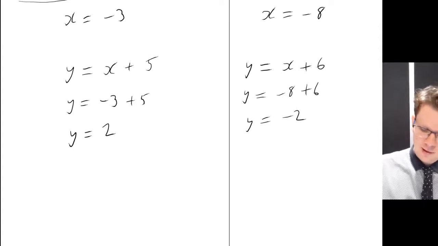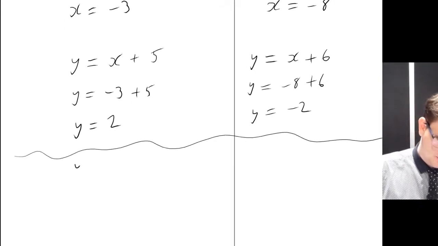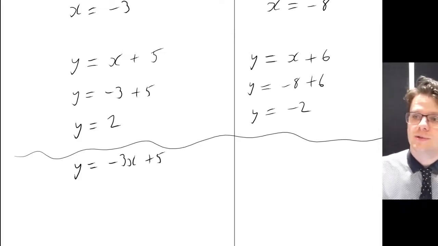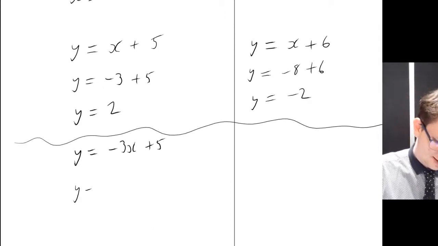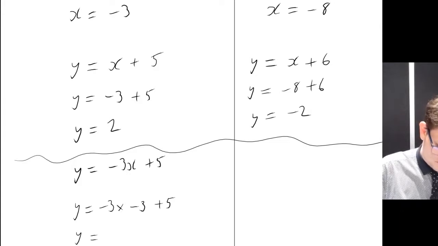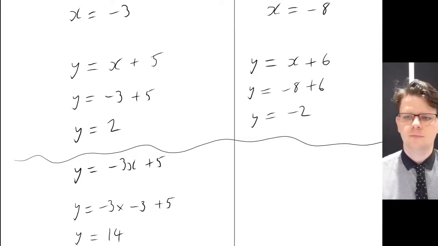X is still equal to negative 3, x is still equal to negative 8. Let's try y is equal to minus 3x plus 5. Alrighty, that looks a little bit more scary, but I believe in us, so let's substitute in. Y is equal to... Alrighty.